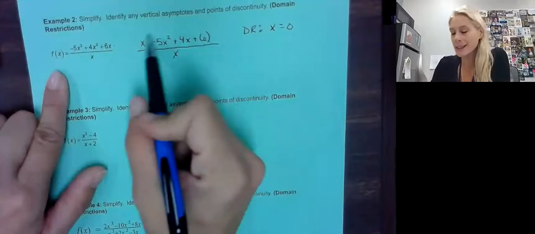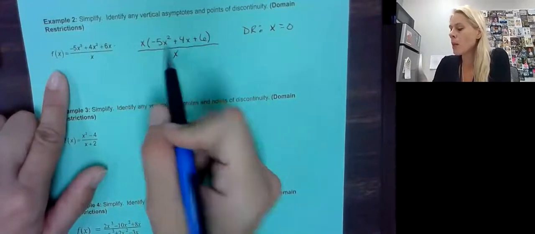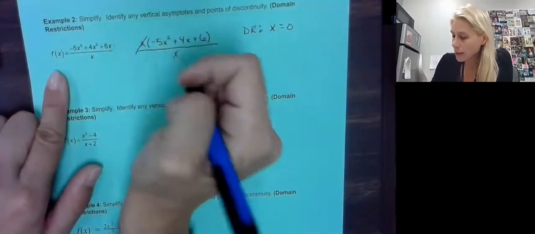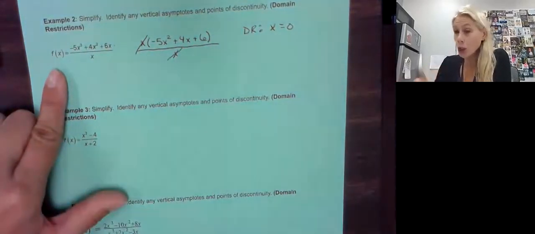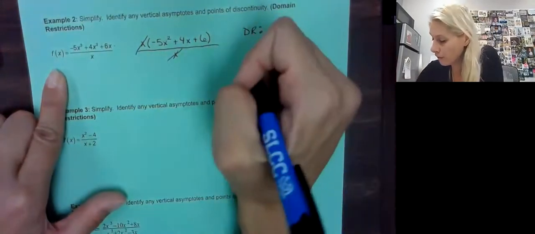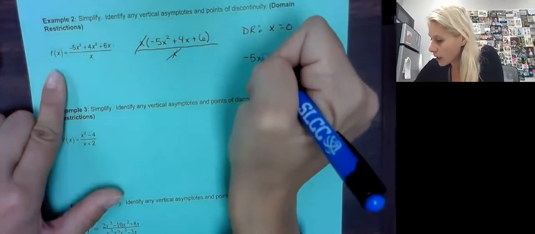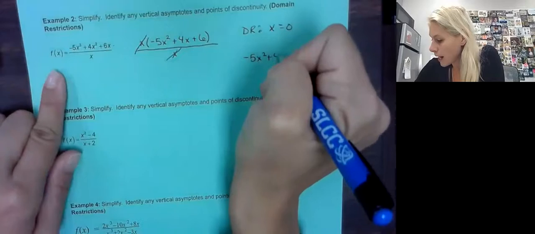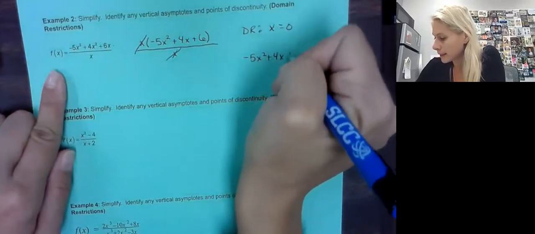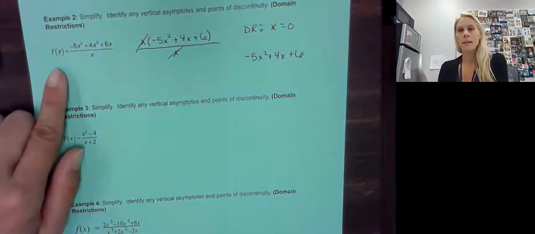That's why I like parentheses, right? It talks about groups there. So if you see, you can cross out these x's. Don't forget to write your simplified function. So our simplified function is -5x squared plus 4x plus 6.